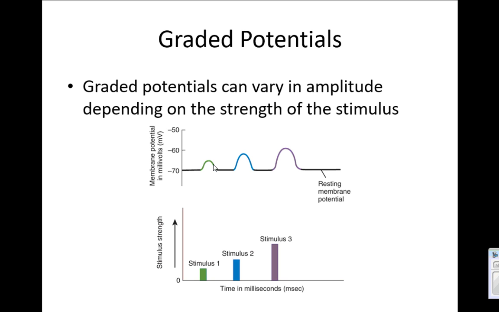Very slight depolarization, and then return back to resting membrane potential. Here, if the stimulus is a little bit stronger, we depolarize a little bit more and then return back to resting membrane potential. And then a strong stimulus, stimulus 3, we become even more positive or less negative, but then we return back to resting membrane potential. So these graded potentials can vary in amplitude, meaning that their height will vary depending on the strength of the stimulus.